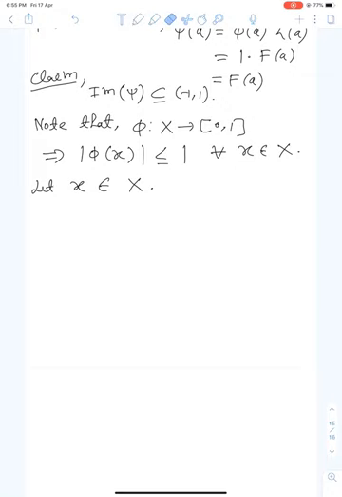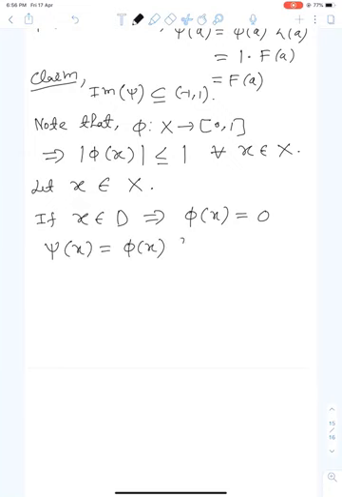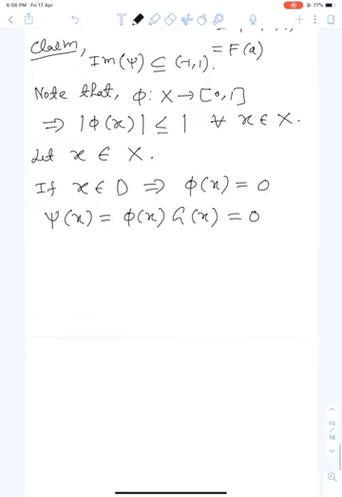Now if the first case arises, that is if x belongs to D, that implies what is my phi(x)? Now phi(x) is just 0, right? By the construction. Now what will be my psi(x)? So psi(x) will be my phi(x) times g(x), just 0, right?